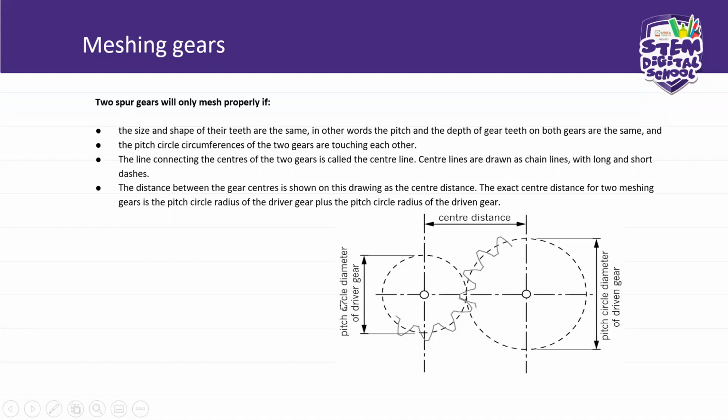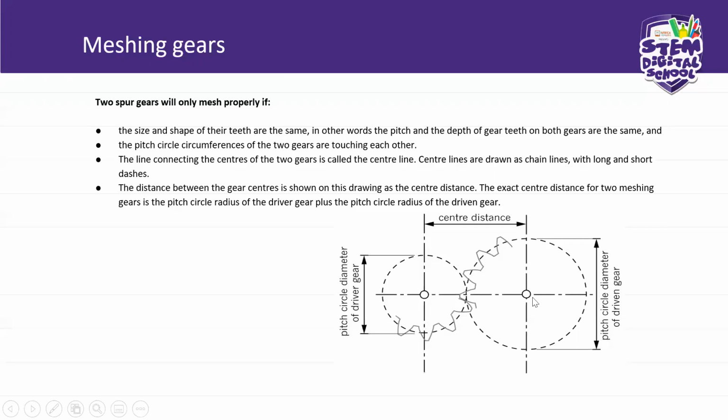So this is your center line. Center lines are drawn as chain lines. So this is a chain line with long and short dashes. Okay? So this is the center line. Another center line. That's how you draw it.